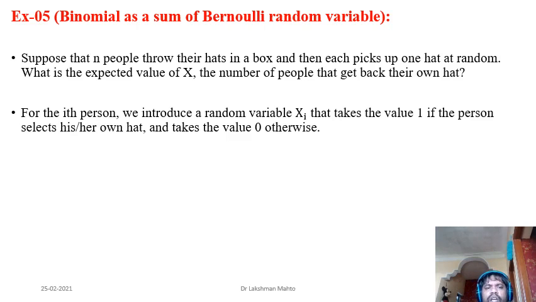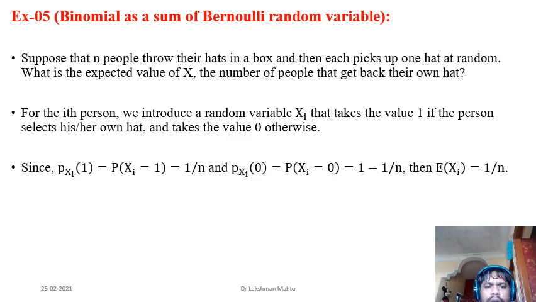So easily we can introduce a Bernoulli random variable with respect to each person. Each person either gets their own hat, or may not, in which case Xi takes 0. The introduction of Xi is very simple.